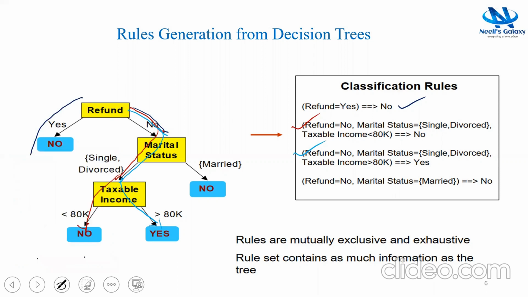If refund is equal to no, again, and marital status is equal to married, then which class does it lead to? No class. This forms rule 4. Like this, we can form the best rules from the decision tree, which are mutually exclusive and exhaustive.